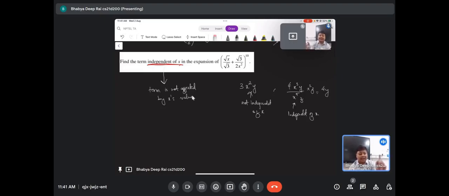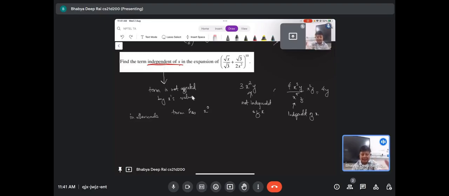So this is independent. In other words, the term has x to the power 0. So the only x in the term has the power 0.